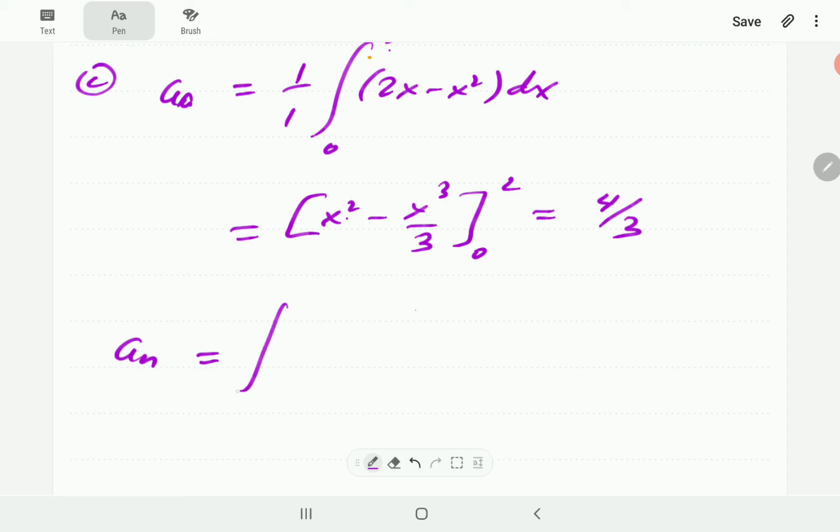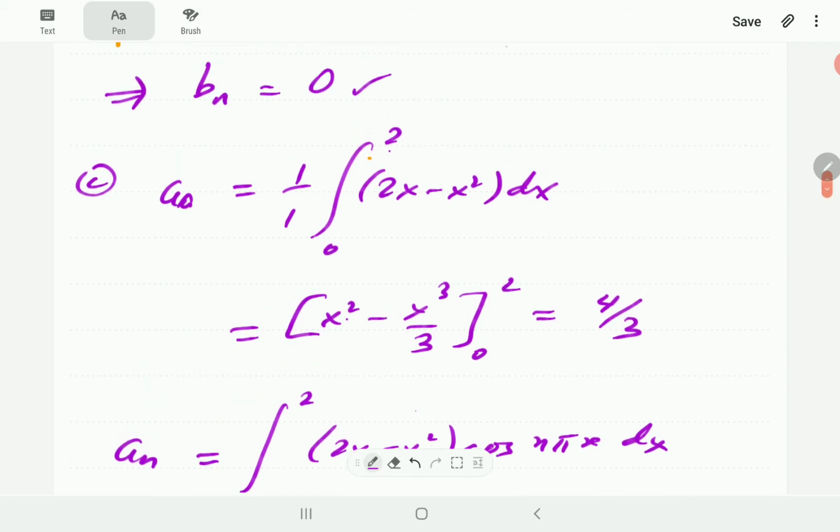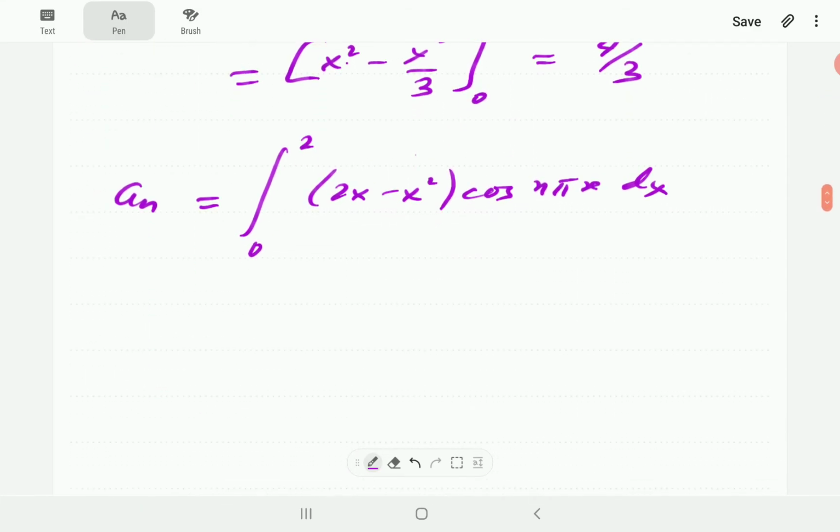For values of n 1 and bigger, we're going to have the integral from 0 to 2 of 2x minus x squared times cosine n pi x over L, but L is 1, so it's just going to be n pi x.